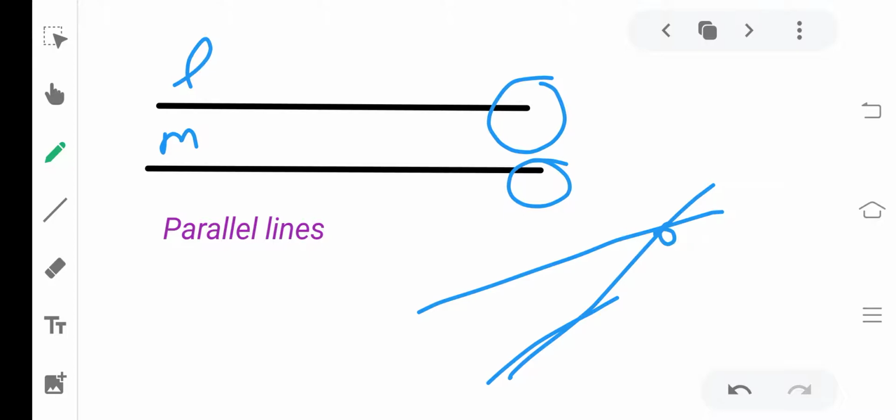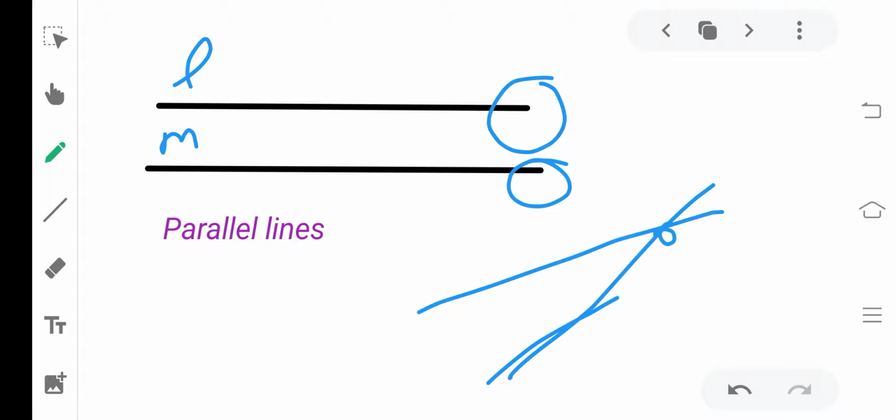The lines which lie in the same plane but do not intersect each other are said to be parallel lines. In the figure, line L and line M lie in the same plane. This is a plane surface on which line L and line M are lying, and they are parallel to each other.